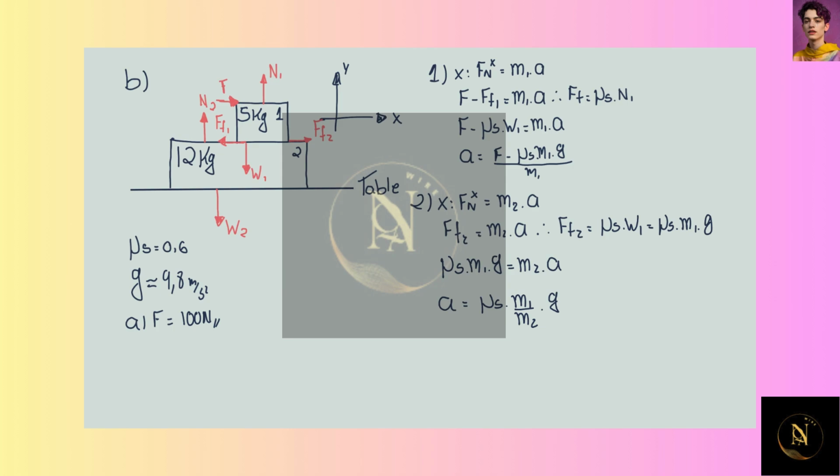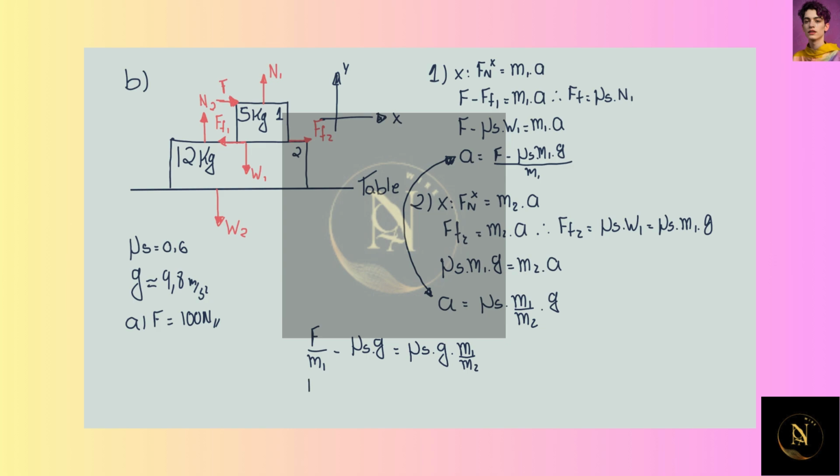Then we can equate these two equations to get an equation for the force F. By doing that, we get the following: F divided by the mass number 1 minus mu static times g, I have simplified these masses on the second term, is equal to the static frictional coefficient times g times m1 divided by m2.